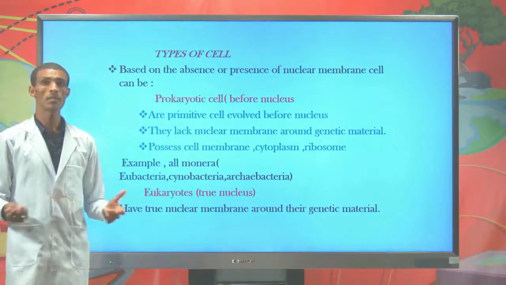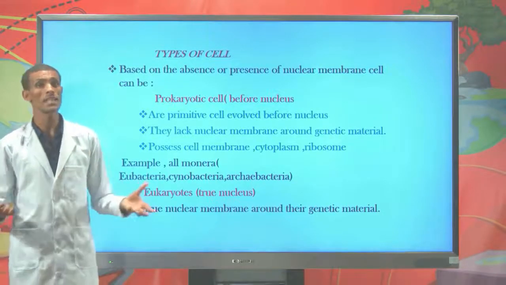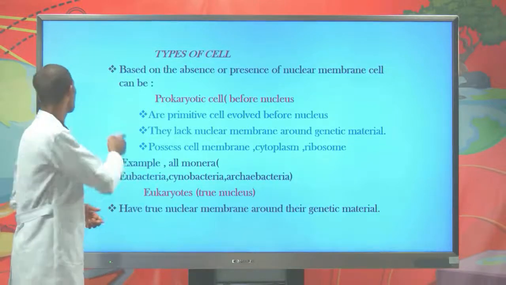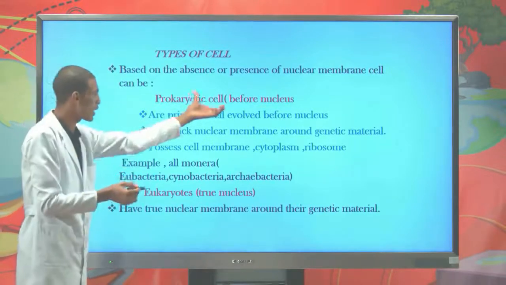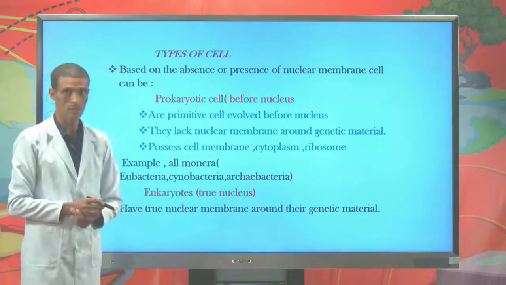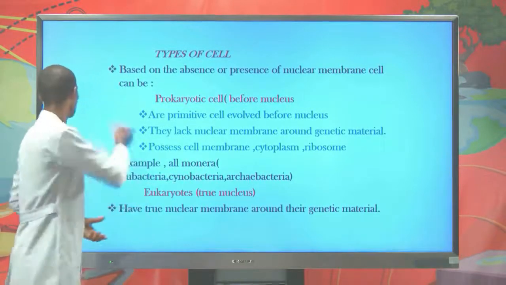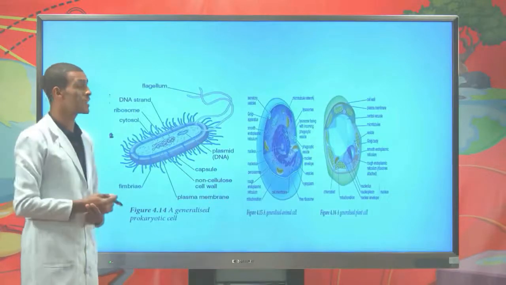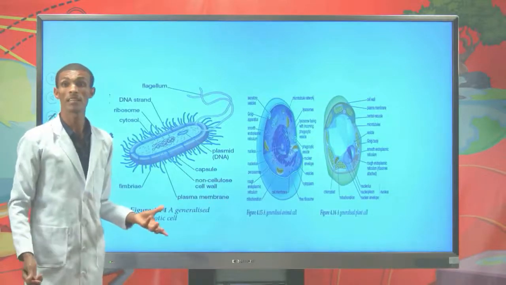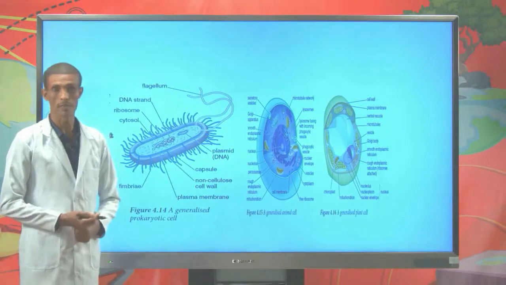Additionally, based on the absence or presence of a nuclear membrane, cells can be classified into prokaryotic and eukaryotic cells. Eukaryotic cells are larger cells that contain a nucleus, whereas prokaryotic cells are the smallest cells and are devoid of a nuclear membrane.